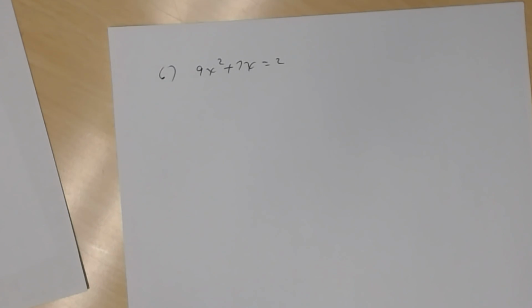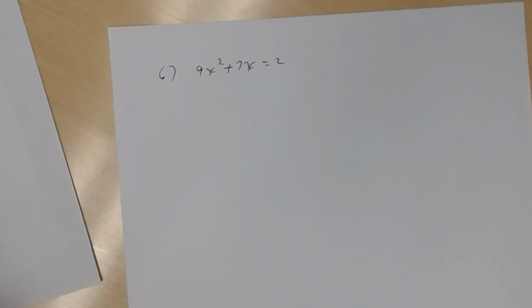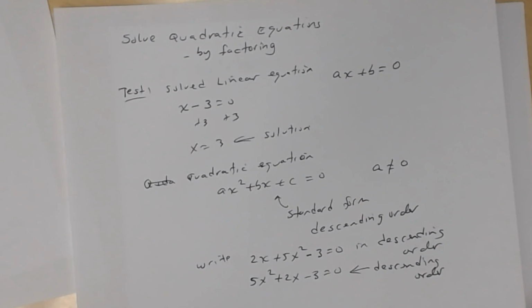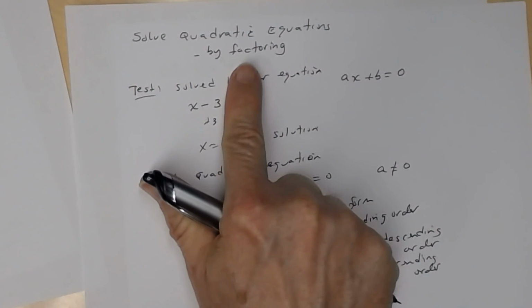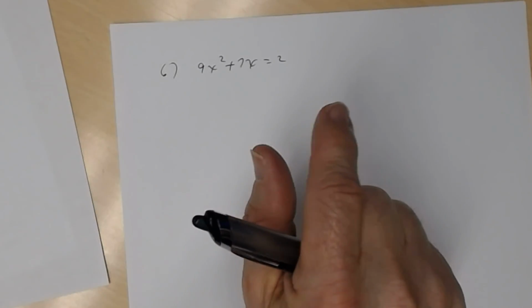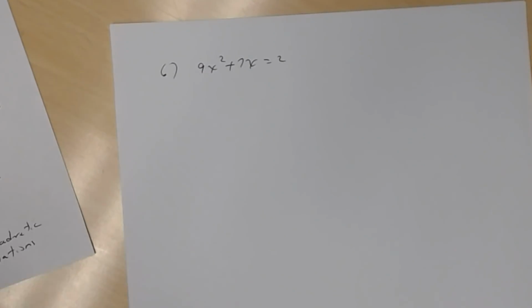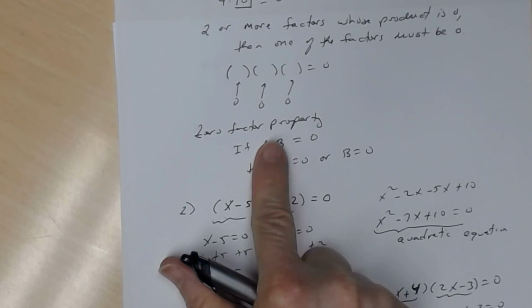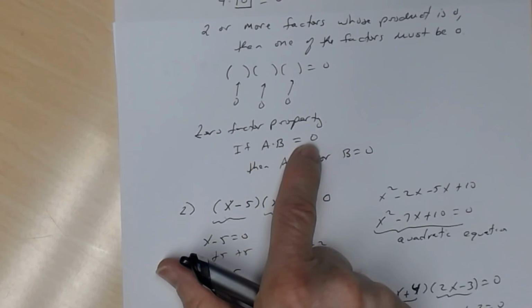The only way you can use a zero factor property, because remember we said a while ago, whenever you're solving a quadratic equation by factoring, you will always use the zero factor property. Well, if I'm going to use a zero factor property, then I better have 0 on the other side.